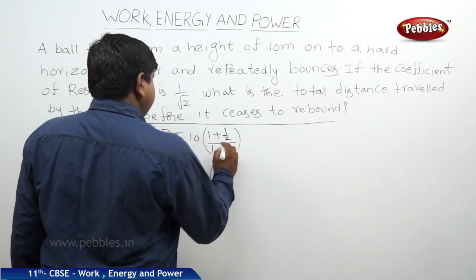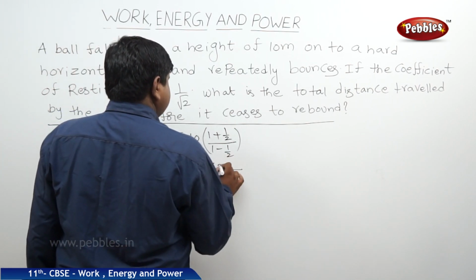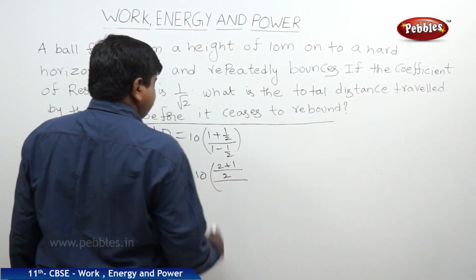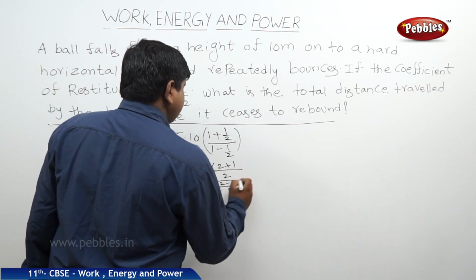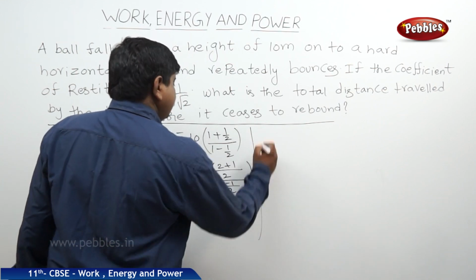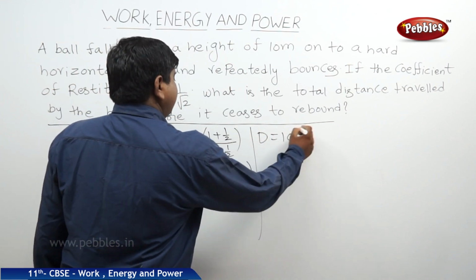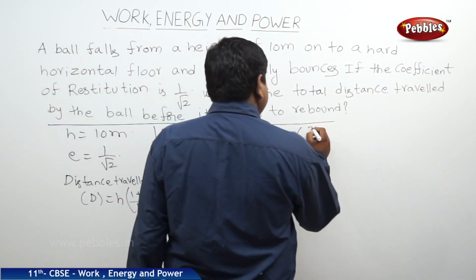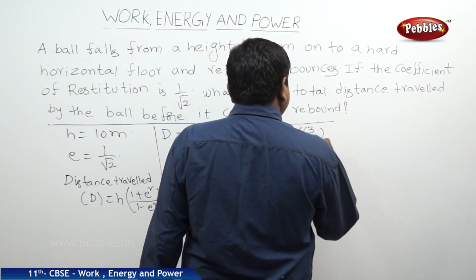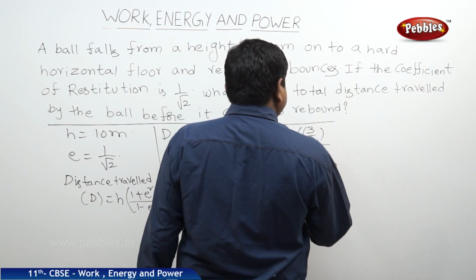So 10 into, 2 is the LCM, (2 plus 1) by 2, and here also 2 is the LCM, (2 minus 1) by 2. Therefore, d is equal to 10 into 3 by 2 divided by 1 by 2.